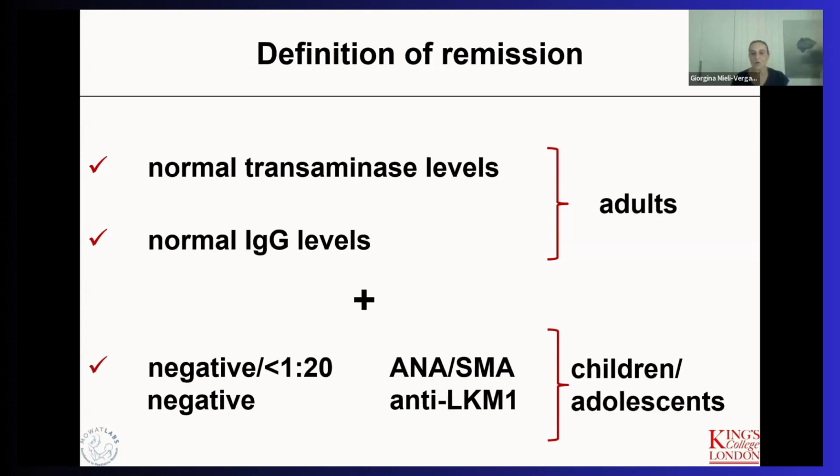What we want is not only normal transaminase levels and normal IgG levels, we want negative or very, very low titer, less than 1 in 20 for ANA and SMA, or negative anti-liver kidney microsomal antibodies. If the antibodies are not negative or really almost negative, then the child is not in remission.